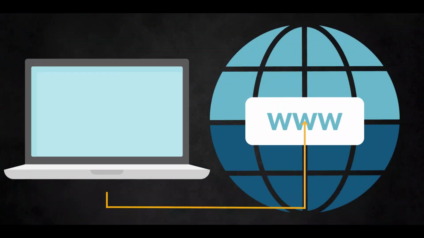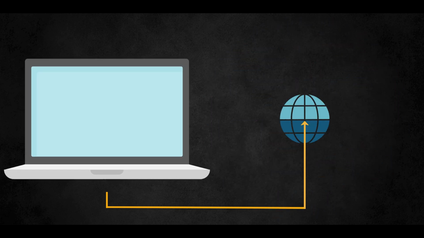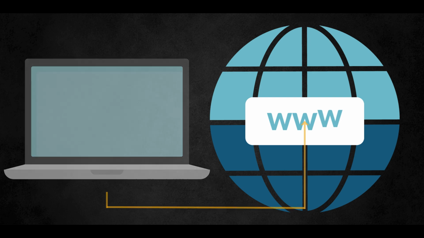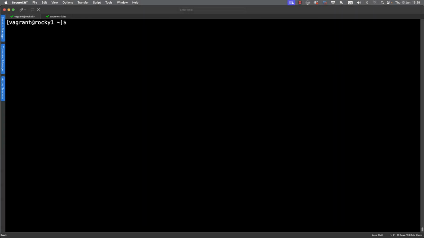Let's take the scenario where you have an HTTP server that is perhaps an embedded device that cannot be upgraded to HTTPS. You need secure communication from your laptop through to this device. Well, the really nice thing about this is it's relatively easy to set up if you're using Linux. I have a couple of Rocky Linux systems here.